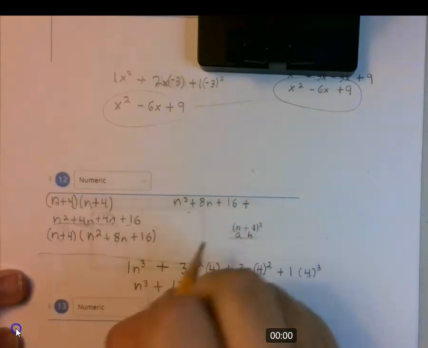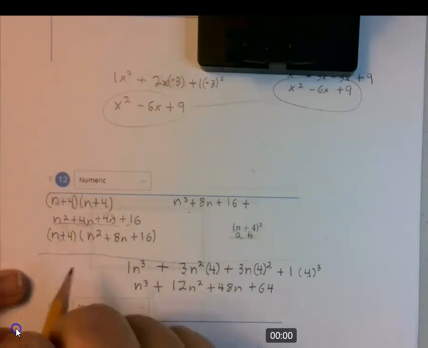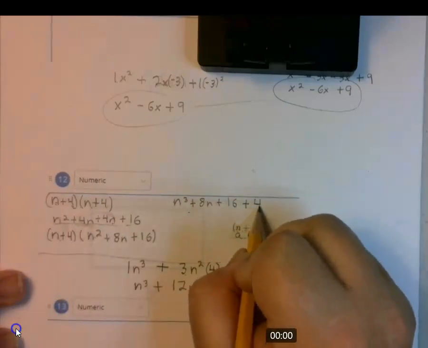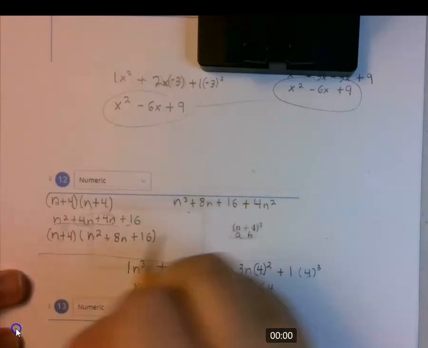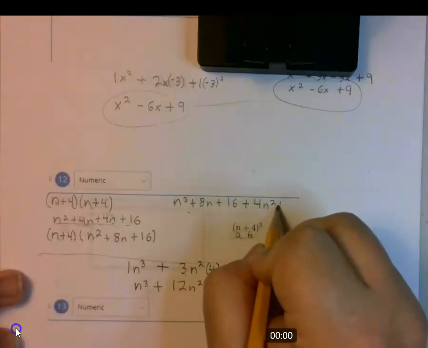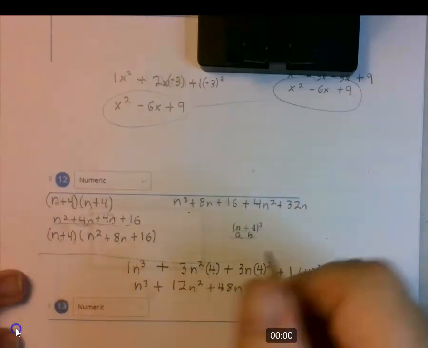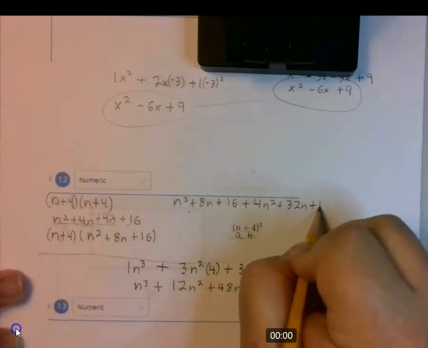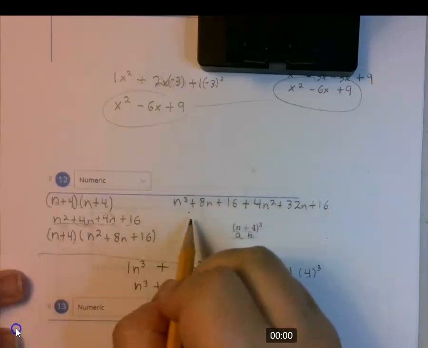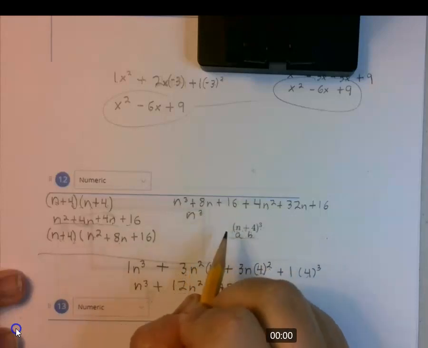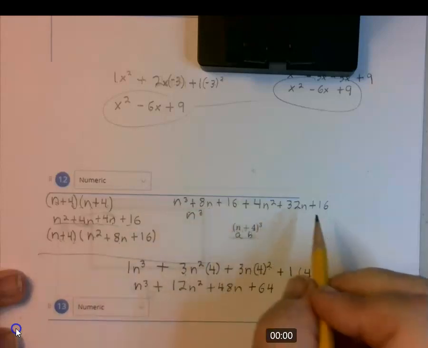And I'm not doing this the formal way I did it earlier for the first few problems because I just want to get through it and show you that they're going to be equal. 4 times 8n is 32n. And 4 times 16 is 64. So the terms I can combine, n to the third, that's the only one. Okay, 8n plus 32n.